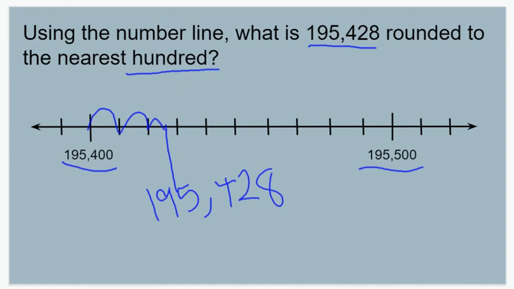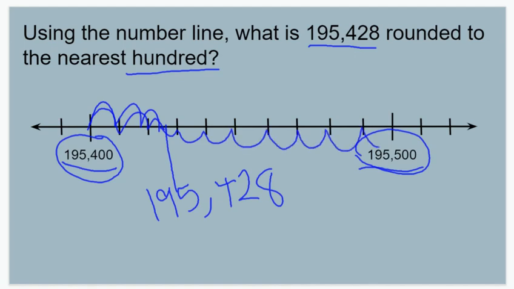Now, in order to round it, I need to determine which benchmark it's closest to. So my first benchmark, 195,400, is only about 3 hops away from my number. But my second benchmark, 195,500, is about 7 or 8 hops away from my number.